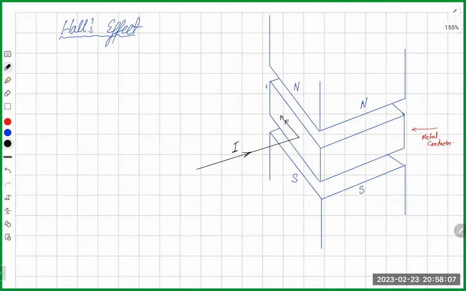So what will happen? This side should start becoming positive, and this side should start becoming negative. You know why? Because when the charge moves in a conductor, it has a drift in one direction. It is having a kind of push to one side.